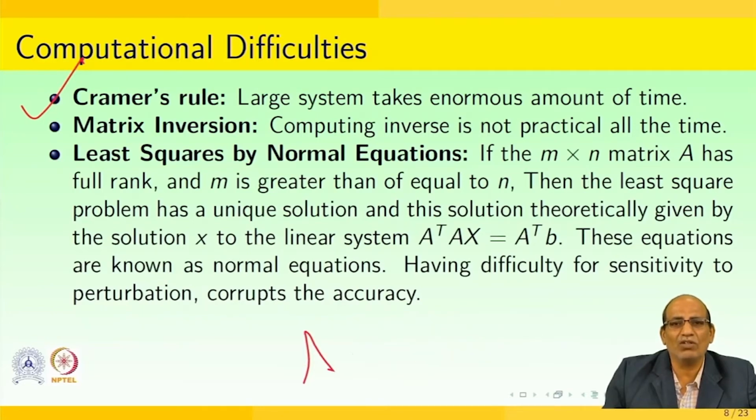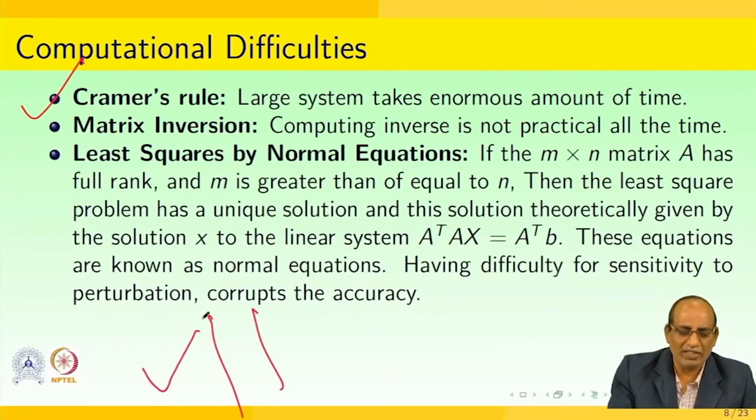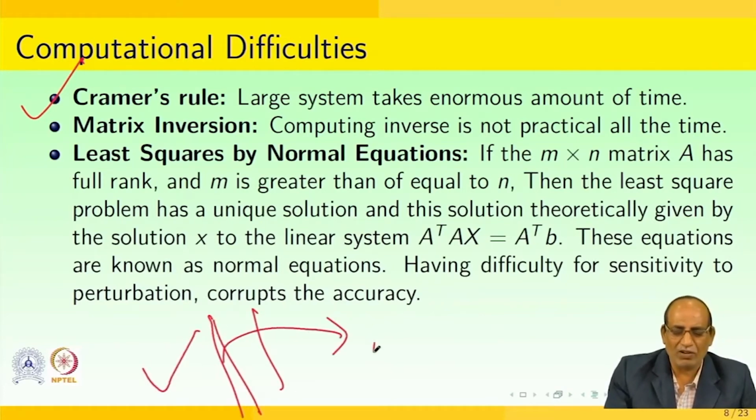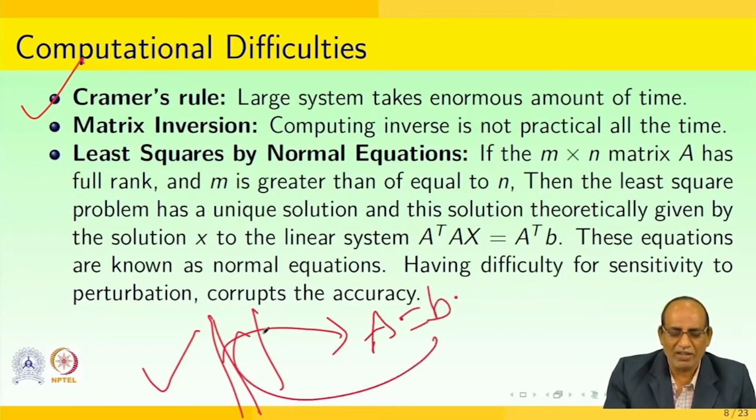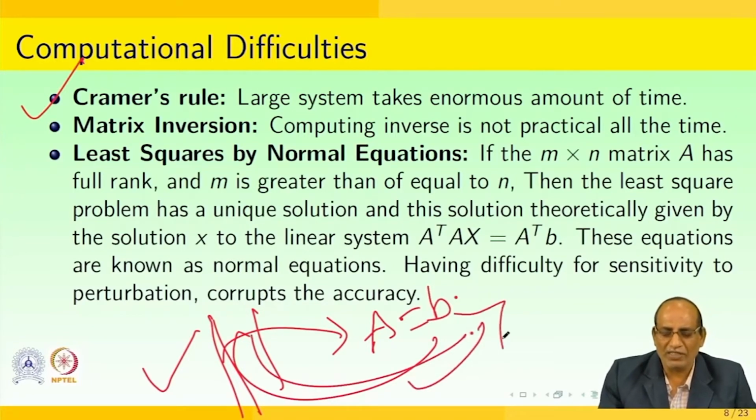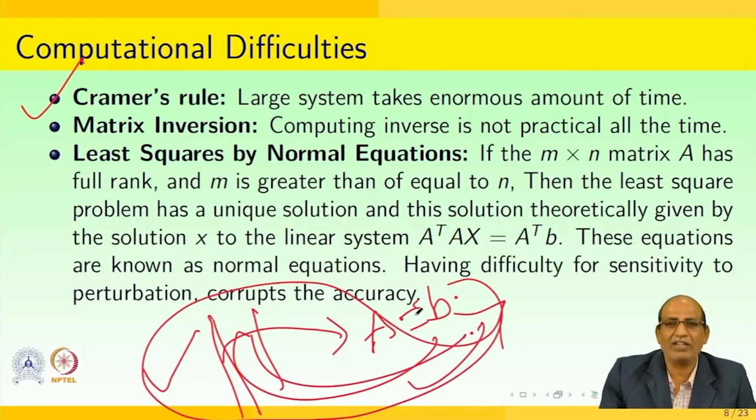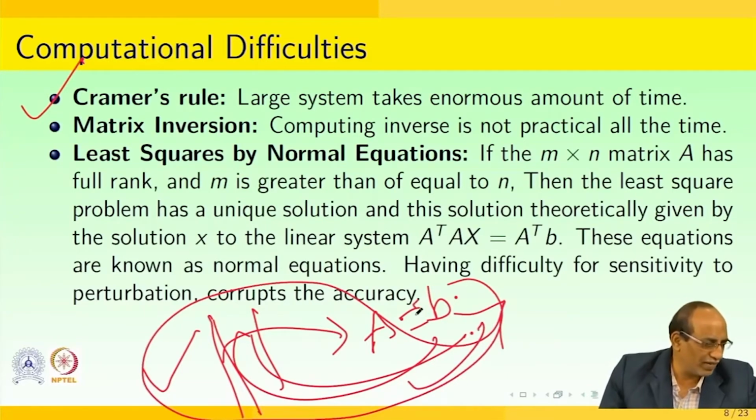In Cramer's rule, I want to find the determinant of this matrix. Replace the first column by the right side vector B, then replace the second column, and the third, and so on. It becomes very difficult to replace every time, and especially when the matrix is very big, it becomes very cumbersome.